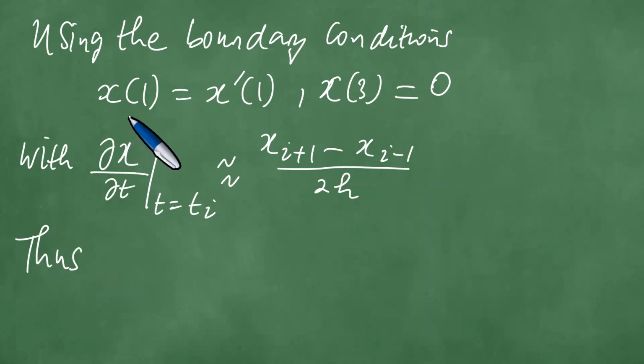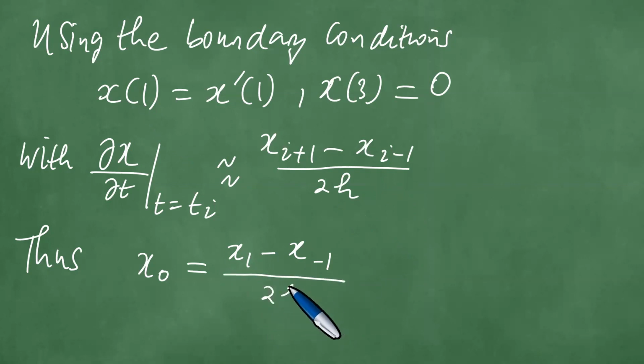What we're able to get out of these now is that x0 is equal to this one here, the prime, but at i equals 0, so it's going to be x1 minus x subscript minus 1 over 2h. So it's exactly this that has now been transformed here.